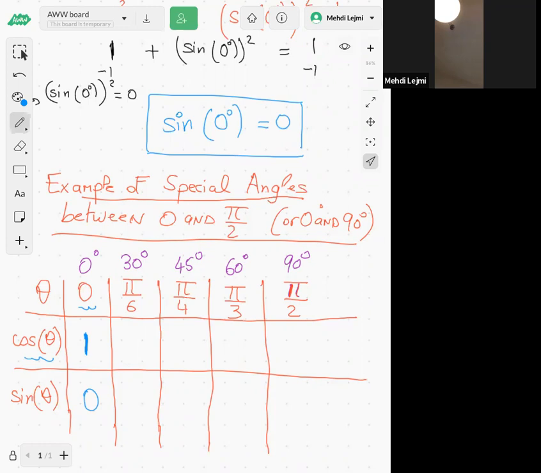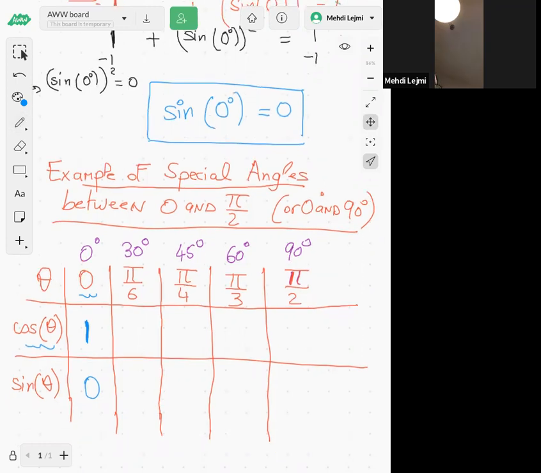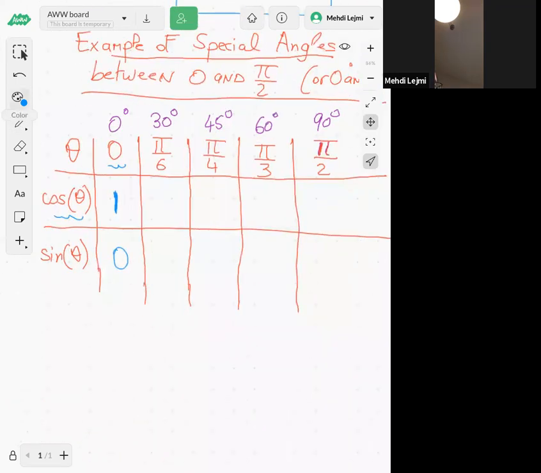Now for 30 degrees or pi over 6, the idea is the same. You take a right triangle. Here the length is 1. This is your angle theta, 30 degrees, and this is 60 degrees.